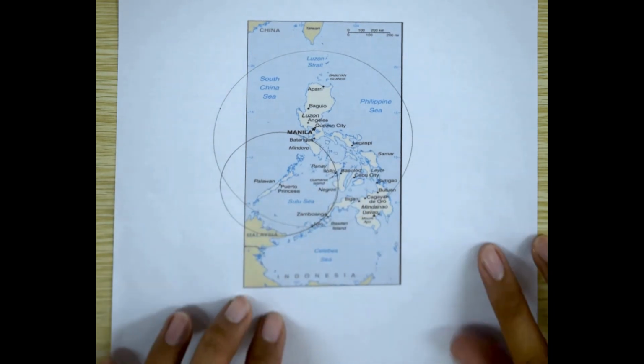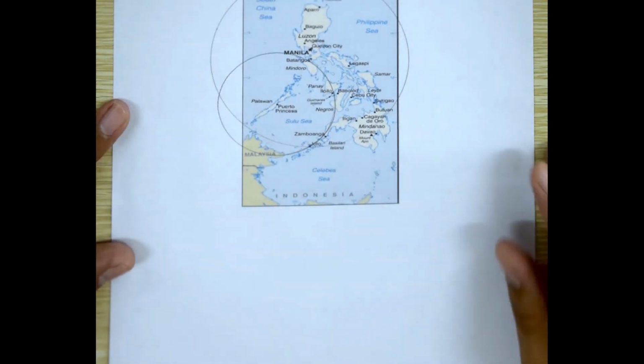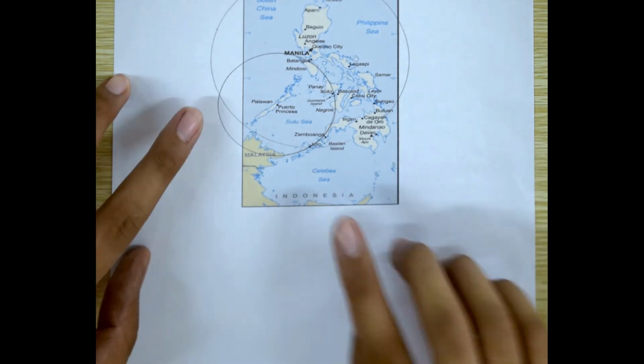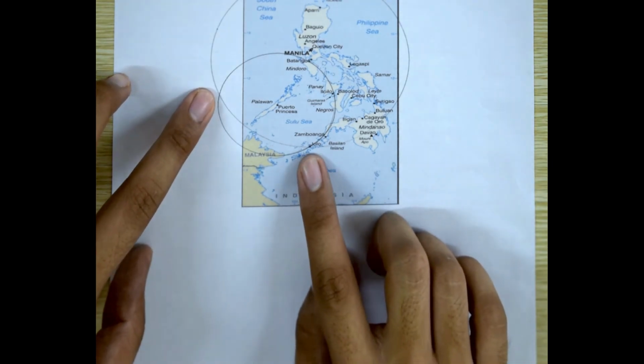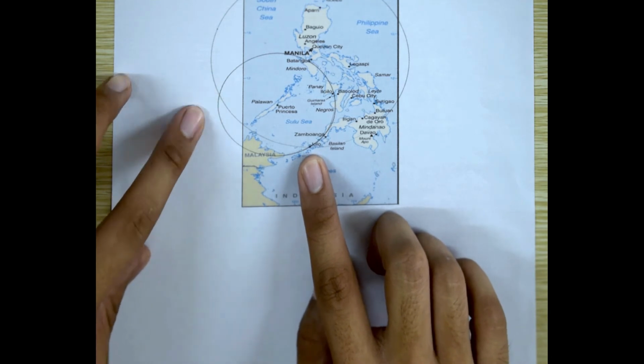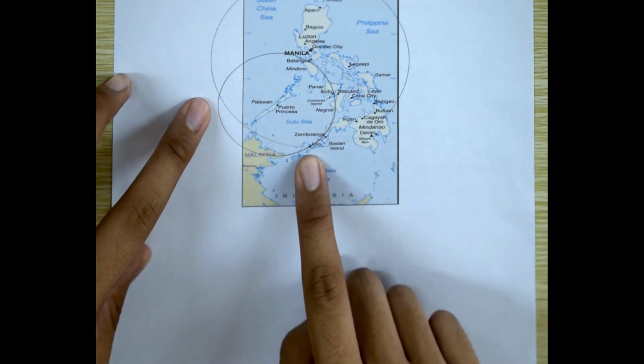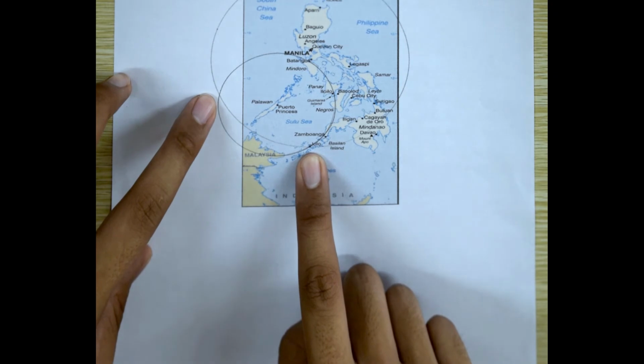Now we have the second circle. As you can see, there are 2 intersections of the 2 circles. That means that either of these 2 is the epicenter of our earthquake.